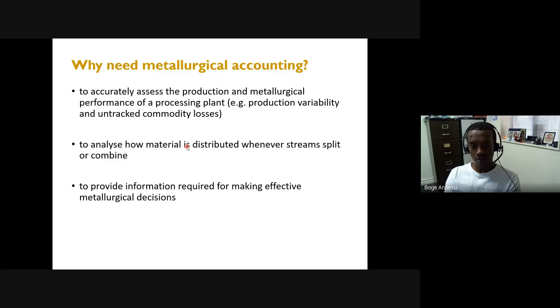It's all about how much material we processed in a day, in an hour, and in a year, and so on. Because the managers always want to process lots of material. Maybe their target, when you have a processing plant, is that they say, I need to process 2 million tons per year.